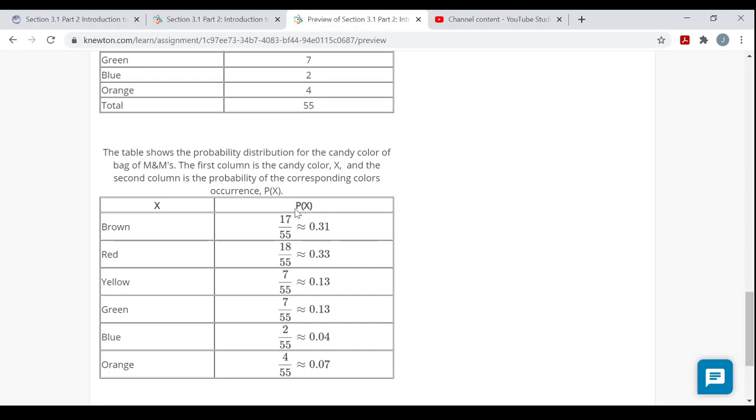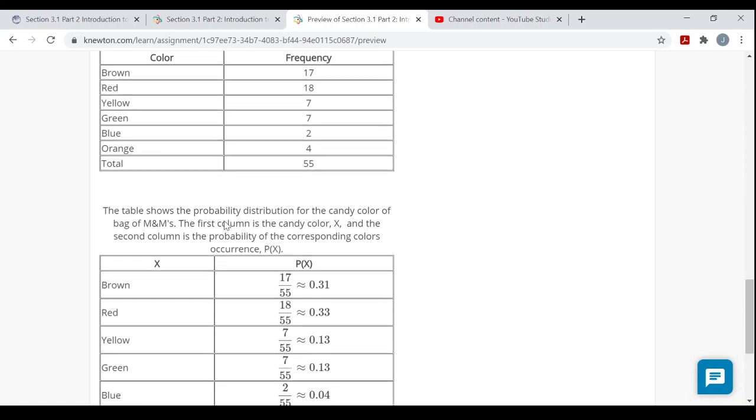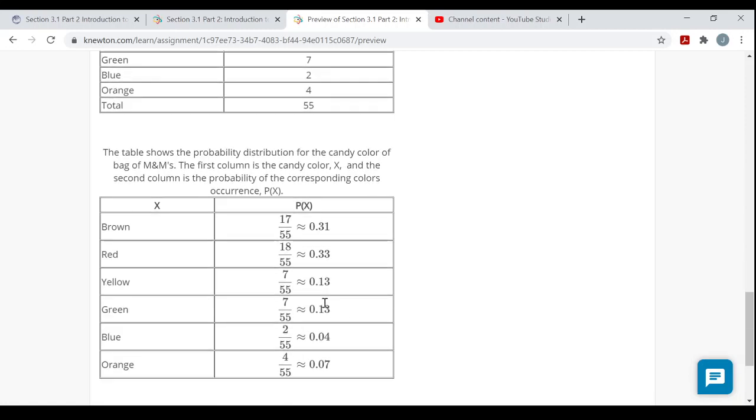What's the probability of getting a certain candy color in this sample? It's simply relative frequency. The probability of selecting a brown M&M out of this bag is 17 out of 55, or approximately 0.31, 31%. The probability of picking a red M&M is 18 out of 55, approximately 33%, and so on.